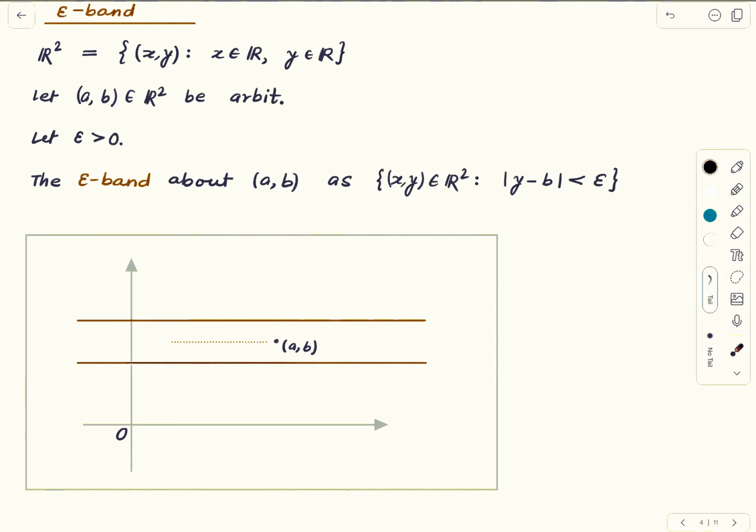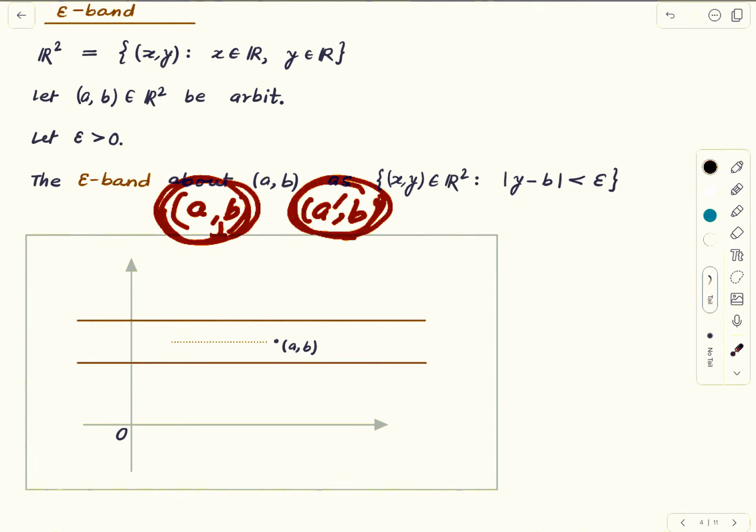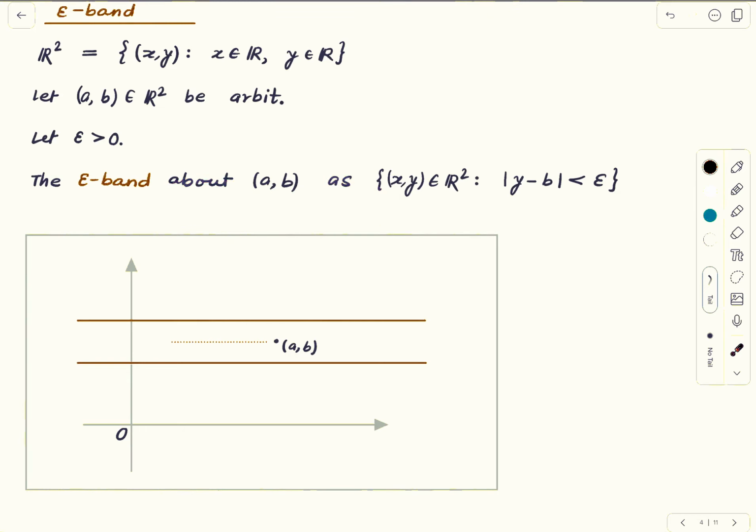That's the epsilon band about (a, b), and note that this is not sensitive to the x coordinate. So if you take two different points, (a, b) and (a', b), so that the y coordinate is the same, the epsilon band around this will be the same as the epsilon band around that. Very simple definition, and let's move on.